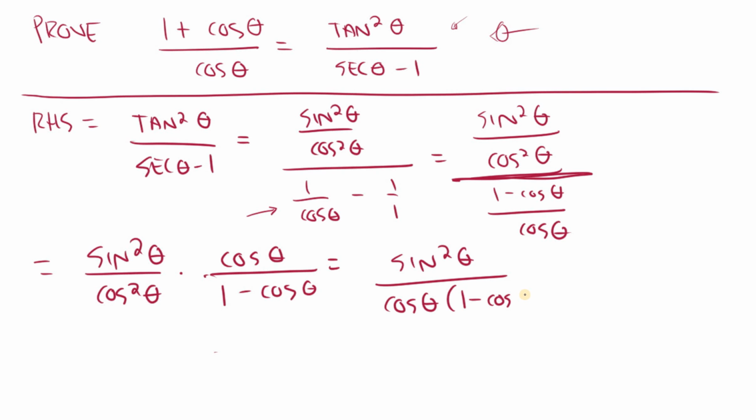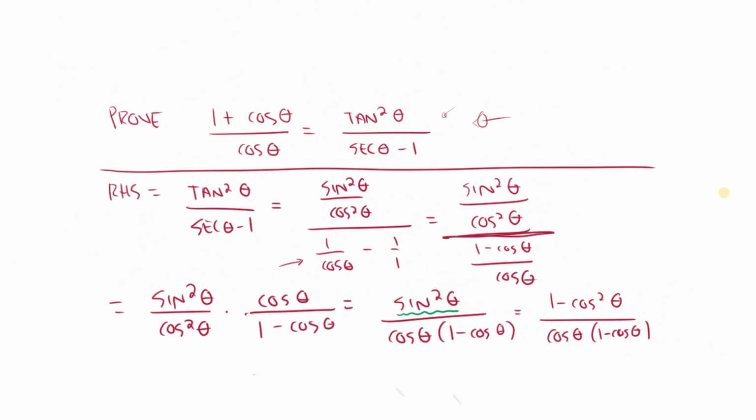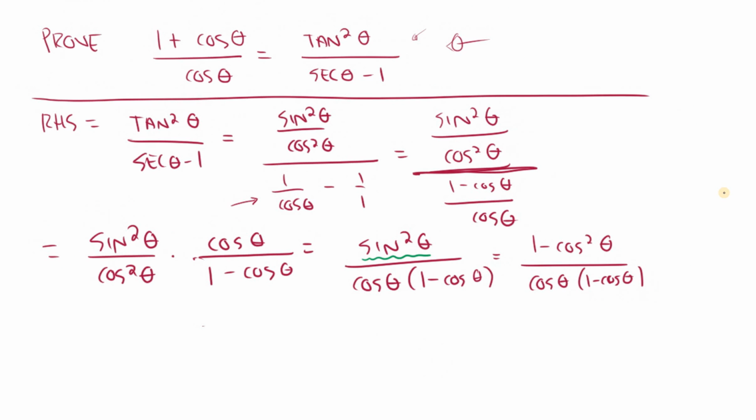All right, so hopefully you guys are starting to get used to looking at this: sine squared right here could be written as 1 minus cosine squared. And hopefully you can see why you'd want to do that, because the original has a 1 plus cosine up top and a 1 minus cosine in the bottom.